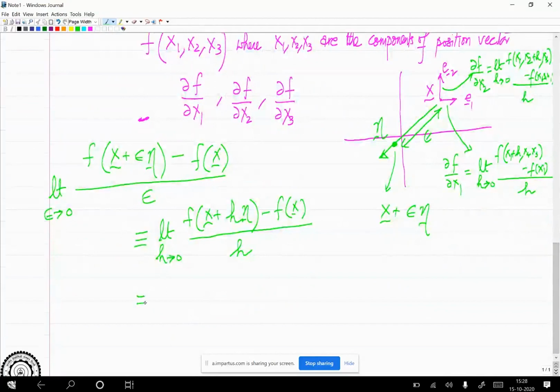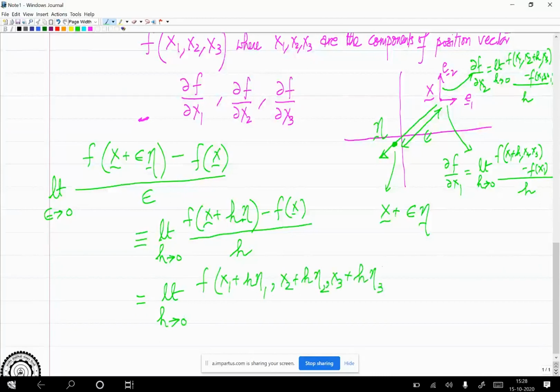I could also write it in component form. Same as limit h going to 0, f of x1 plus h times eta 1, comma x2 plus h times eta 2, comma x3 plus h times eta 3, minus f of x1, comma x2, comma x3, divided by h.